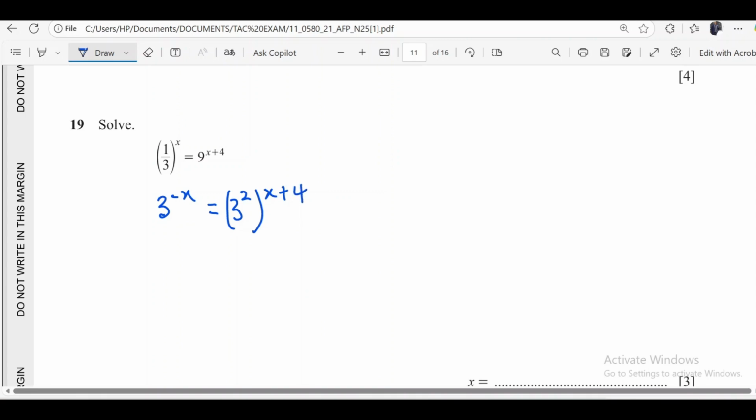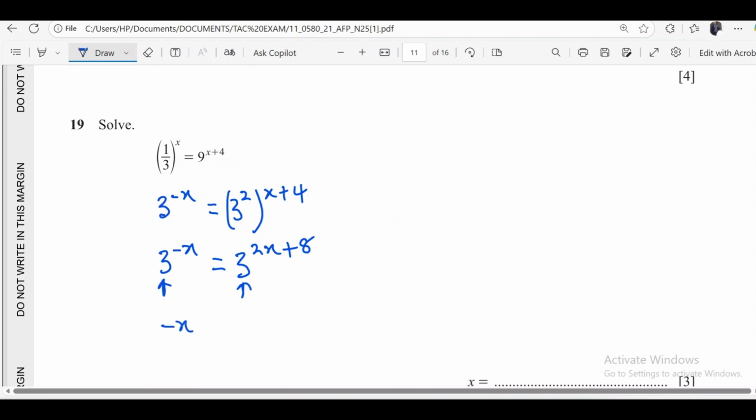So this is 3 to the power minus x, so this is 3. We use 2 to multiply this, as 2x, and then 2 times 4 is 8. So we can equate, since we have the bases to be the same. We have 3 here and we have 3 here.